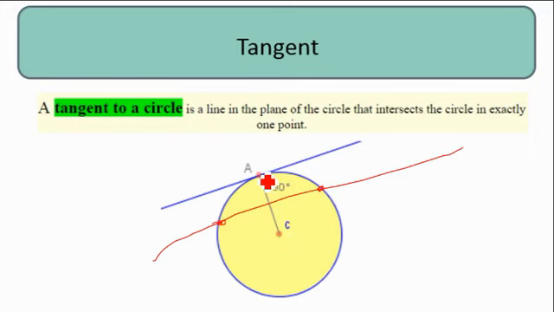And if I was to draw a line, a radius, from that point that the tangent intersects on the circle to the center of the circle, that line would be perpendicular to the tangent line.